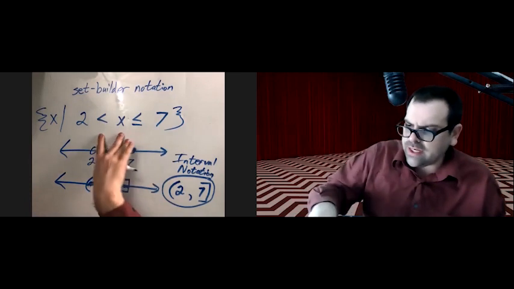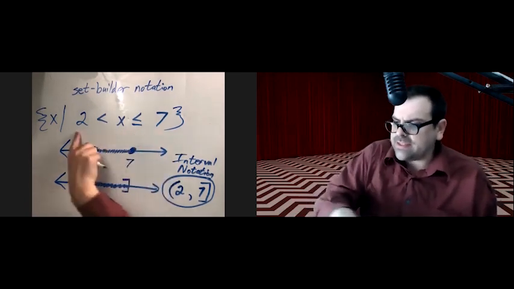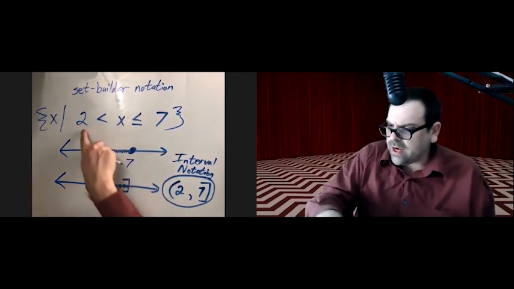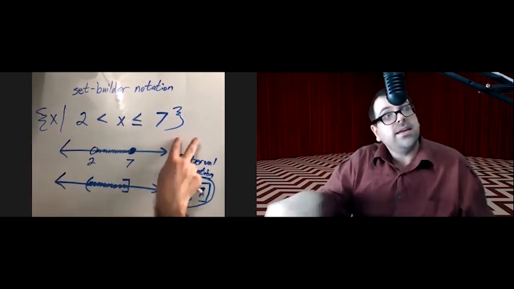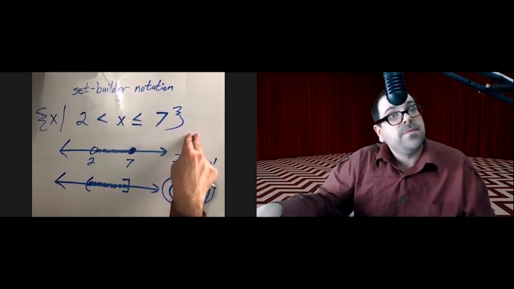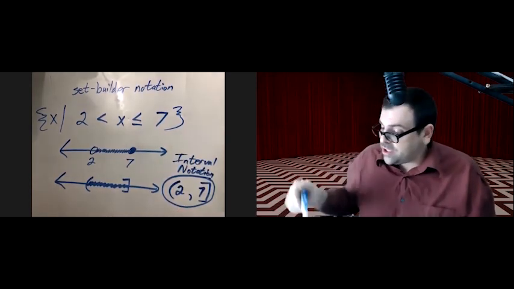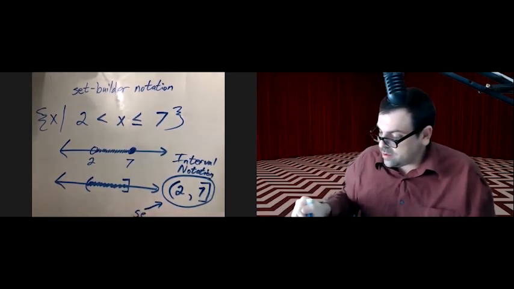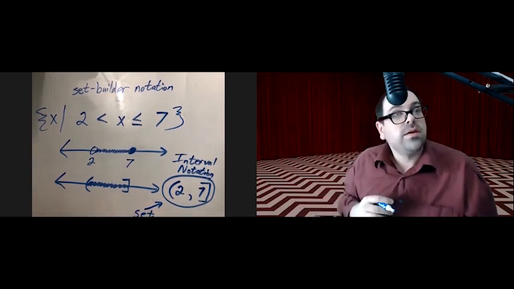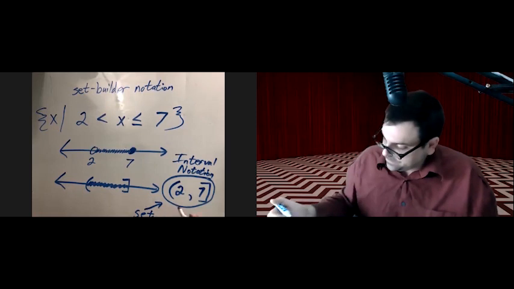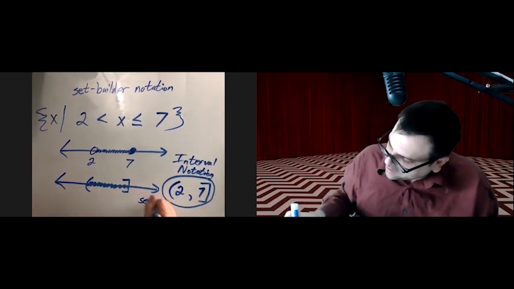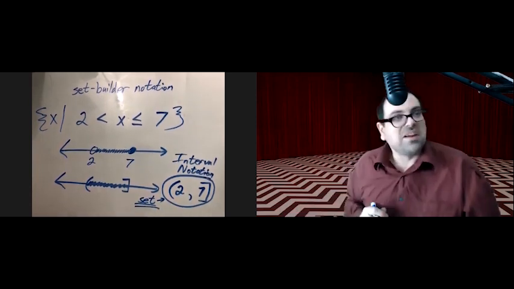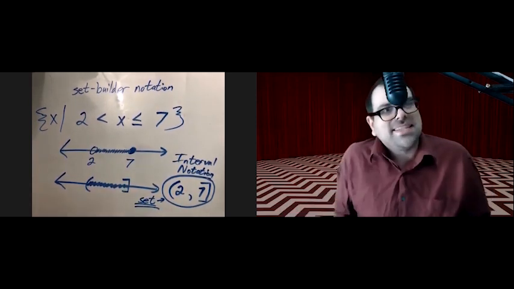So the inequality isn't a set itself. The inequality can be used in a set, in set builder notation. Interval notation, that is a set. I underlined that twice and the emphasis got lost. There we go. That is a set.